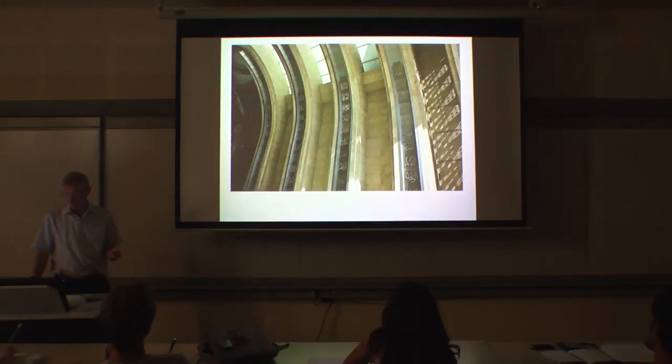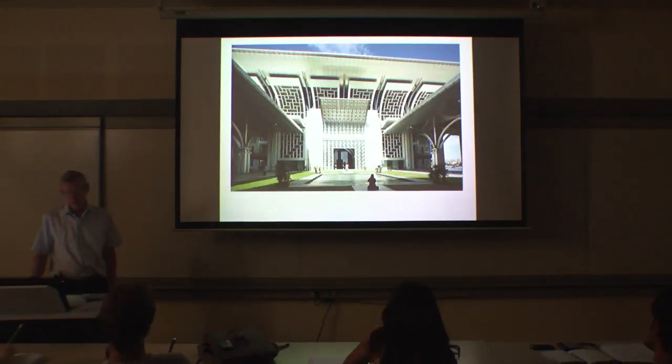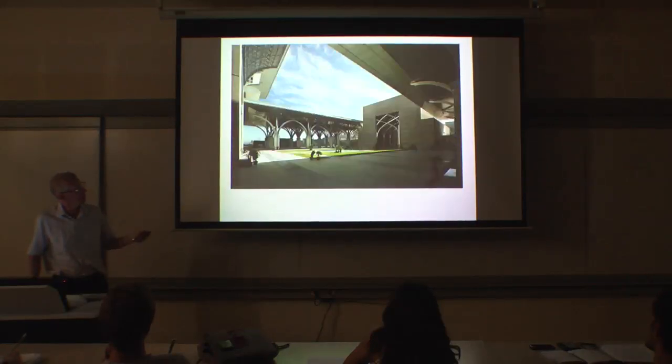And then going through this, you come to the courtyard before the entrance to the building. You can see that they're using these ribs, which are made of steel. And looking back from here towards the entrance, that's where we were in the previous photograph, looking over the pool.